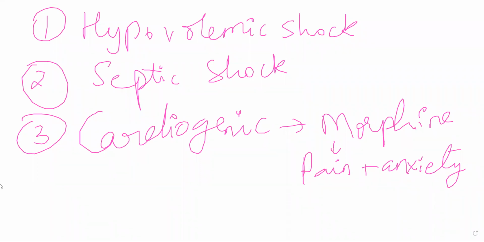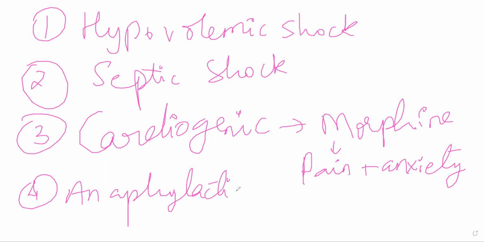Then the fourth type, anaphylactic shock. This is also called an anaphylactoid reaction. Anaphylactic shock is a type of hypersensitive reaction, type 1 hypersensitivity. Last year, when we discussed immunopharmacology in biochemistry, I told you we discussed the 4 different types of hypersensitivity reactions.